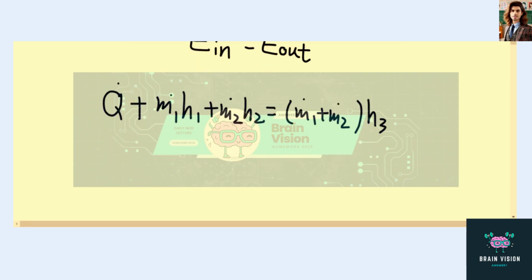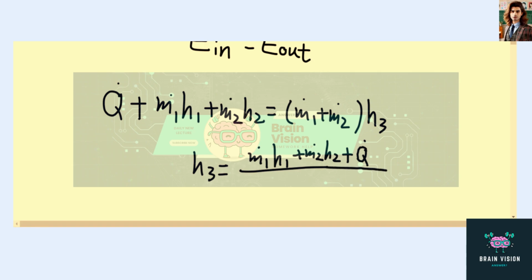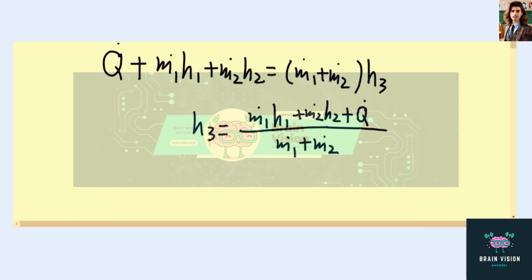So now we can do some arrangement here. H3 can be equal to M dot 1 times H1 plus M dot 2 times H2 plus Q dot, over M dot 1 plus M dot 2. And H3, the enthalpy for the mixture, can be equal to the specific heat for the mixture times the final temperature of the mixture, which is T3.